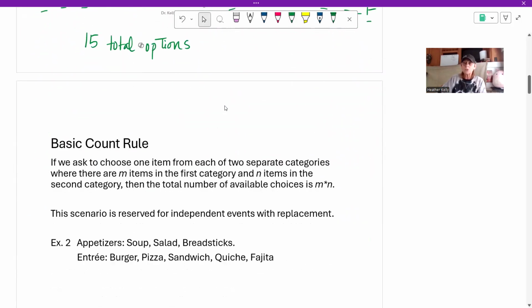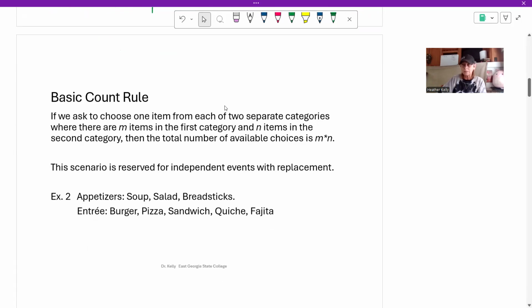Well, fortunately, there's a rule for you. It's called the basic counting rule. And the basic counting rule says if you're asked to choose one item from different categories, the number of options you'll have is multiplying the number of items in each category together.